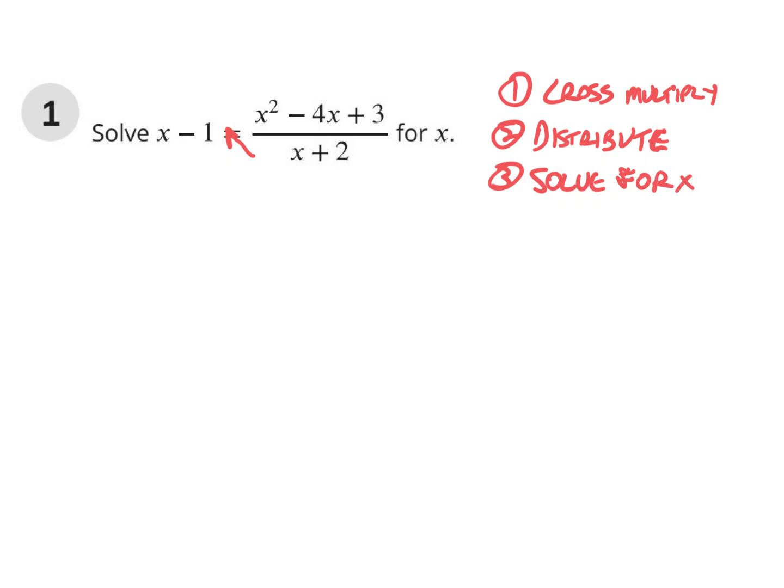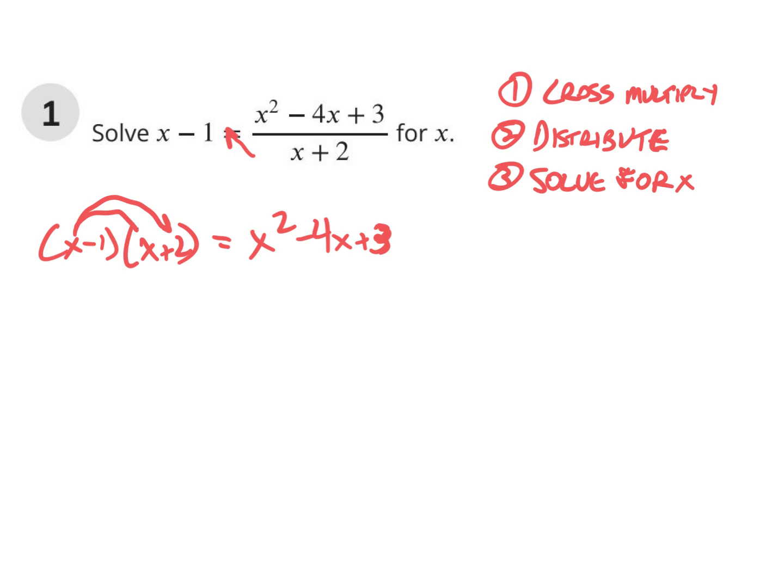Okay, so we get x minus 1 times x plus 2 is equal to x squared minus 4x plus 3. So I'm going to work on the left side. Distribute.